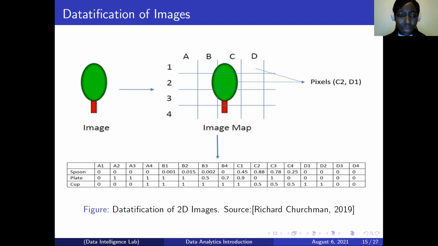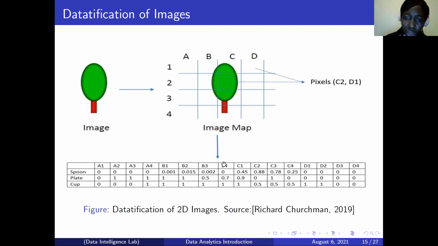And this is also very key in the area of data analytics for working with unstructured data like images. So for instance, in this case, you can represent the image of a spoon with various floating numbers for different pixels.